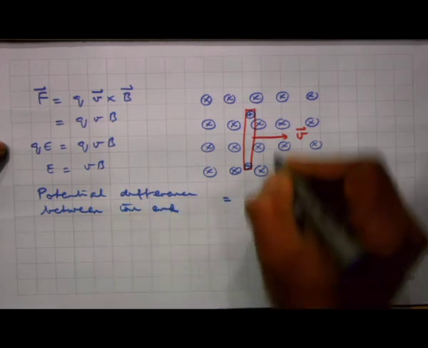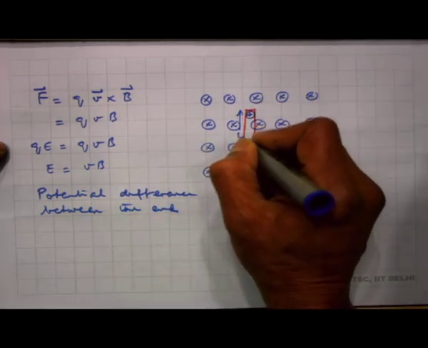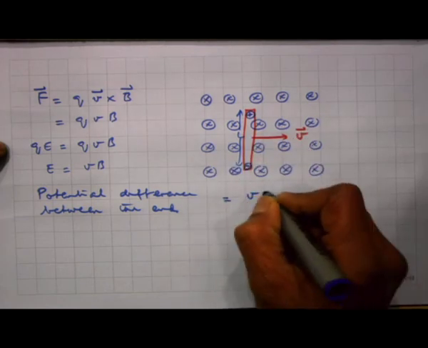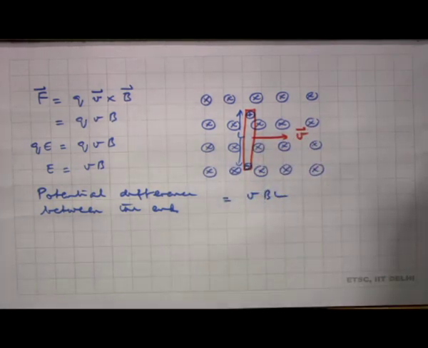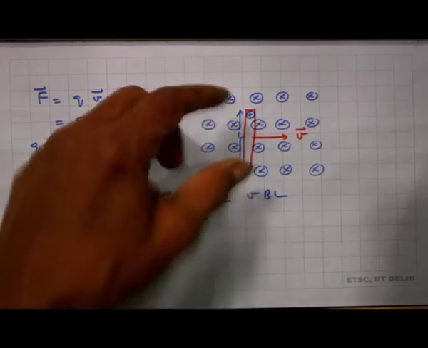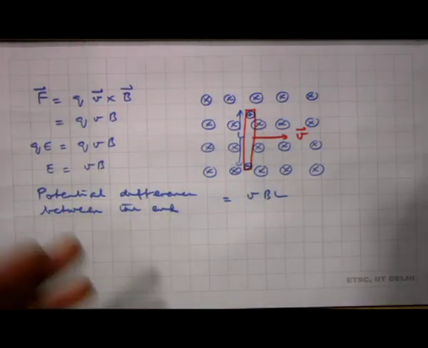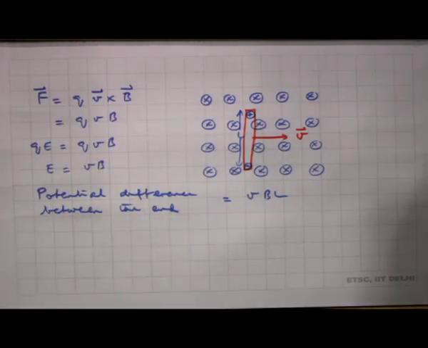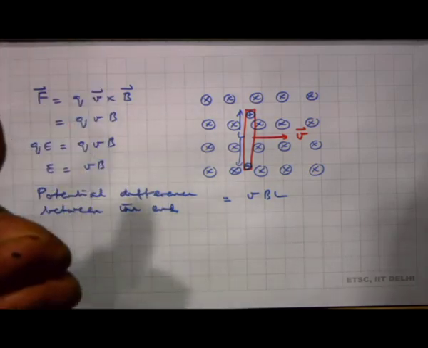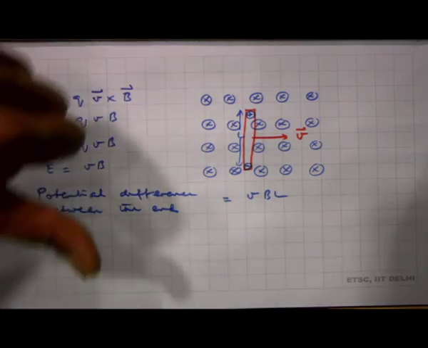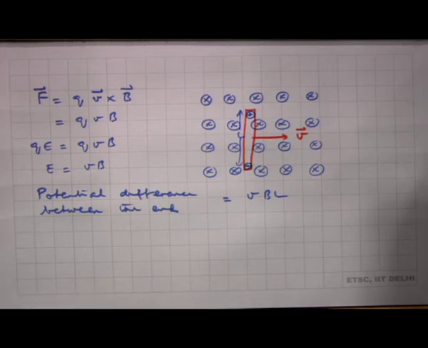If this length is L, the potential difference is B V L. So, there will be a potential difference between these two ends such that if I keep moving with this constant velocity, this potential difference will generate an electric force on the charge in the upward direction, and a magnetic force in the downward direction, and these two forces compensate. So, this is simply a result of the Lorentz force.